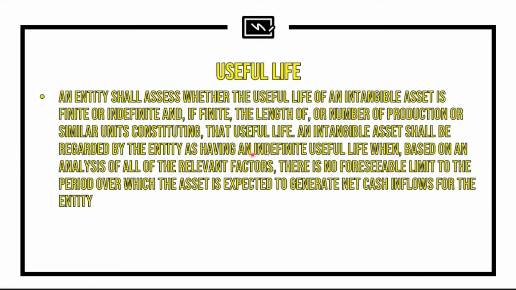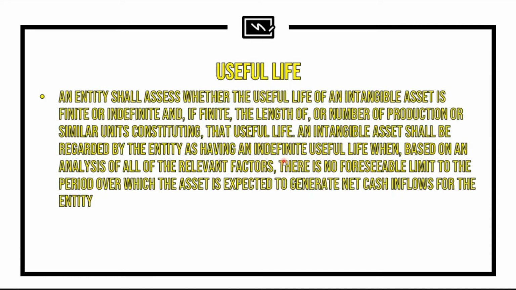Okay? But if the useful life of an intangible asset is indefinite, take note, indefinite and infinite are two different terms. Indefinite simply means that we do not know how long an asset can be useful. That's why we cannot amortize the item. It does not mean that it is going to be useful infinitely.